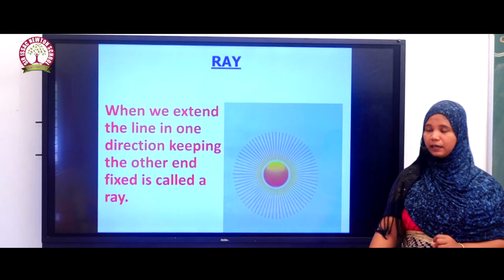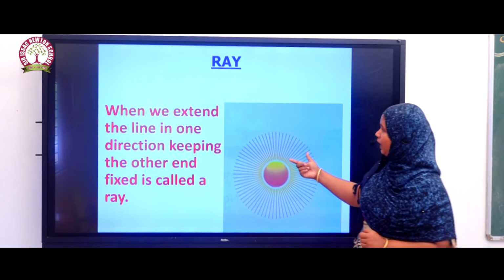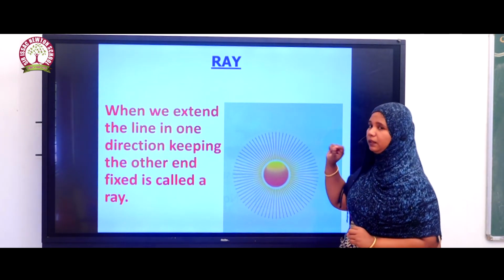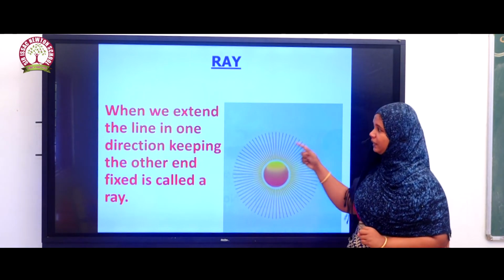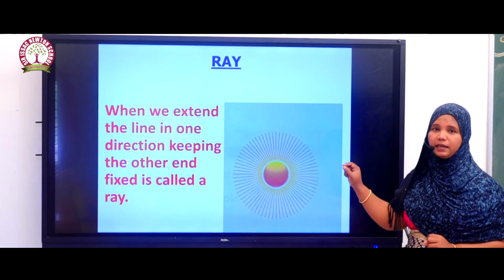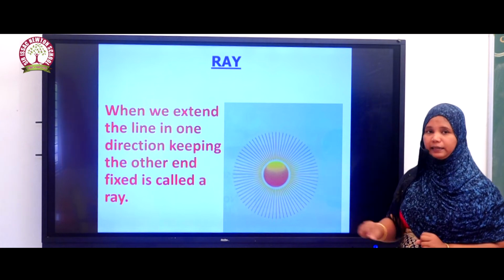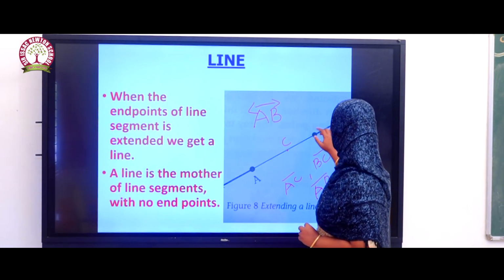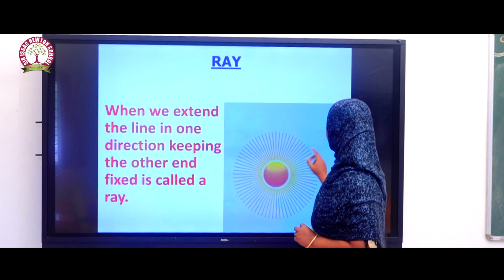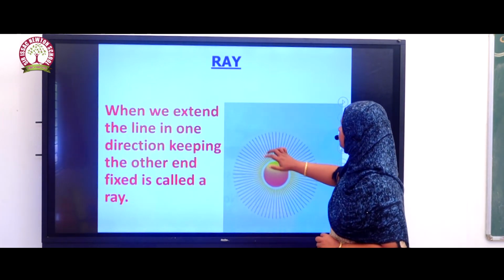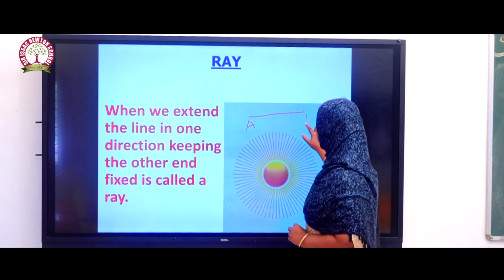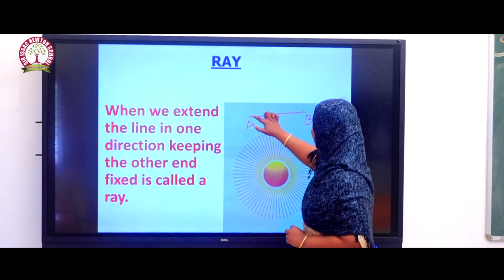And then what is a ray? When I said about the end points of a line segment, keeping one point fixed, and when the other point is extended in one direction, we call it a ray. See, I have drawn a line segment AB.